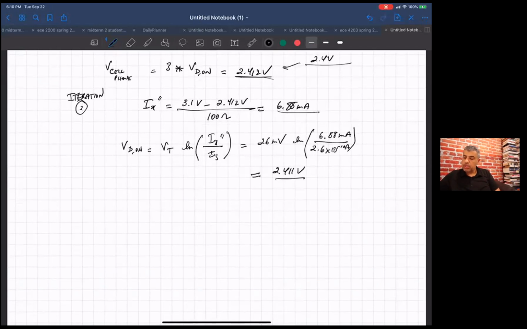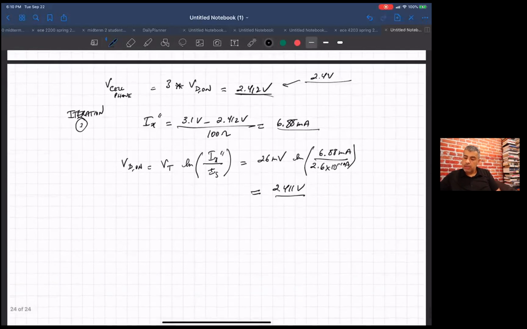Okay, so iteration 3 is only 1 millivolt away from iteration 2. So we say, okay, we're done. This is our solution basically.